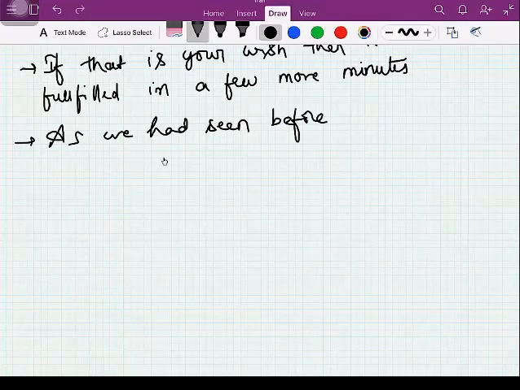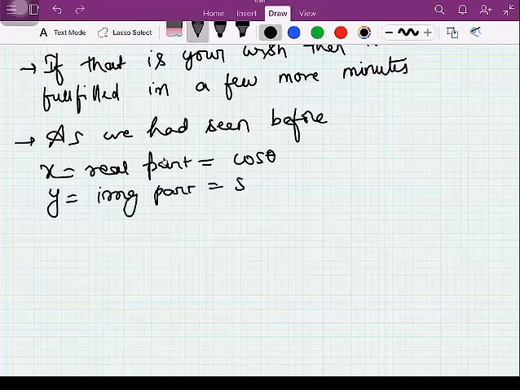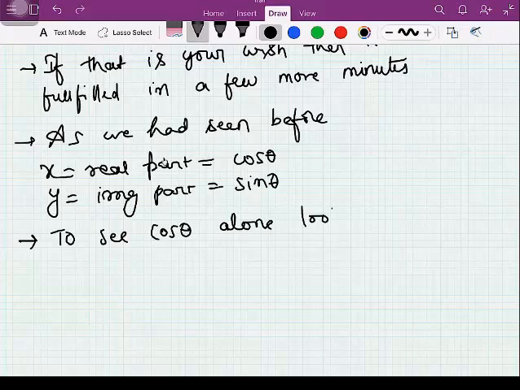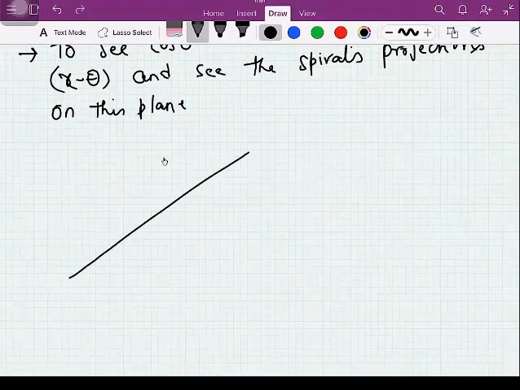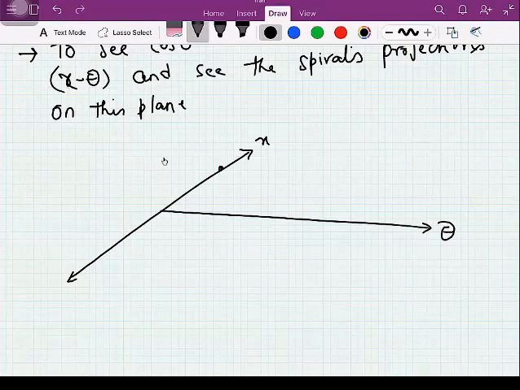We know that x, the real part, is cos θ and y, the imaginary part, is sin θ. So to see cos θ alone, we have to look into the plane and see the spiral's projection onto the x-theta plane. And we do this by neglecting the y-axis. So let's see how this comes out.